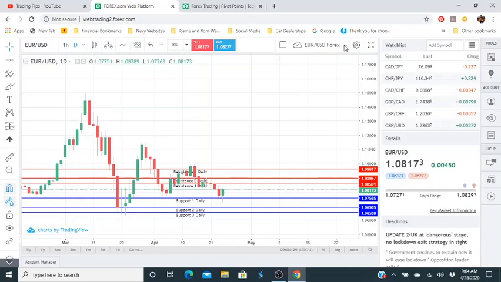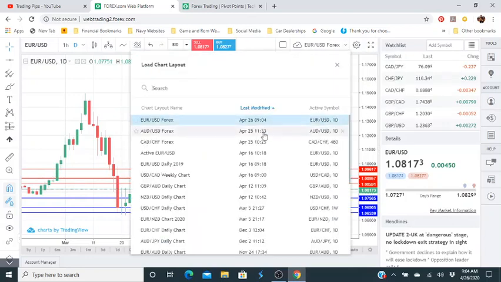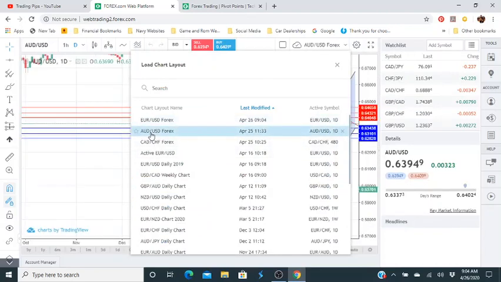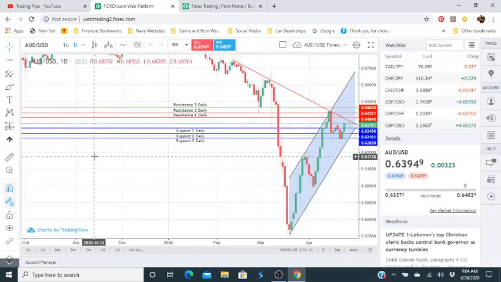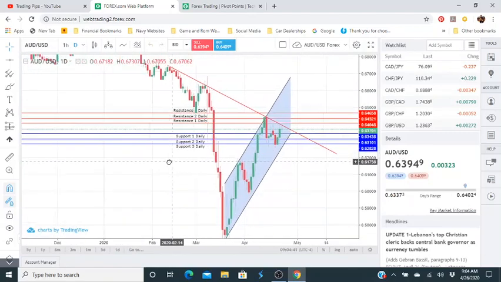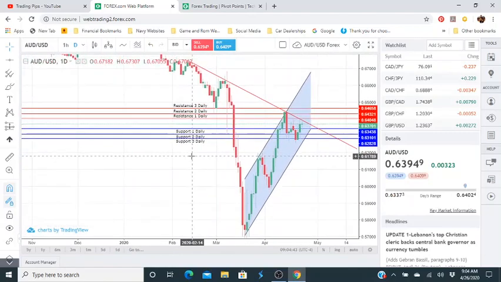Right? And I can always go in here, I can load chart layout, and you see I have everything set up. So if I click on AUD USD, it does the same thing. And I even have some other things on my chart that I'll go over another day.